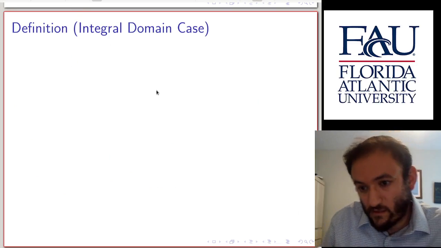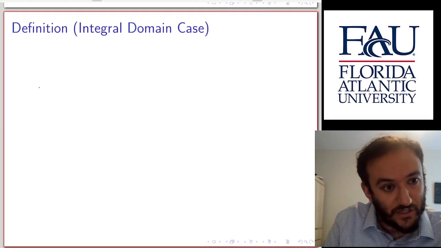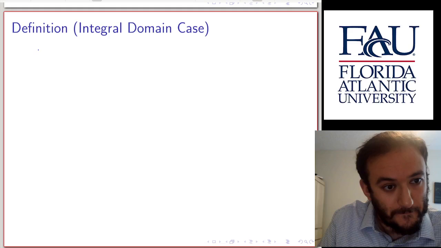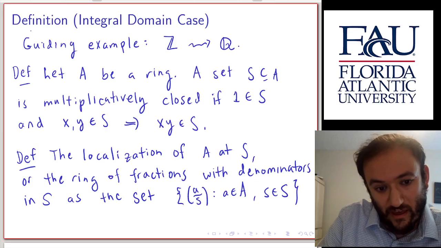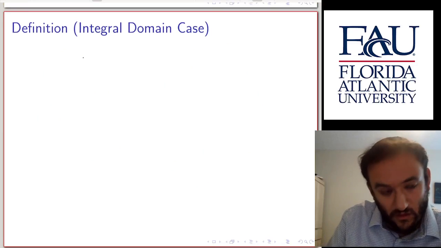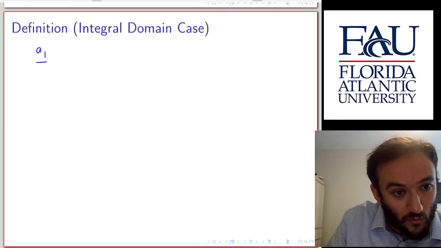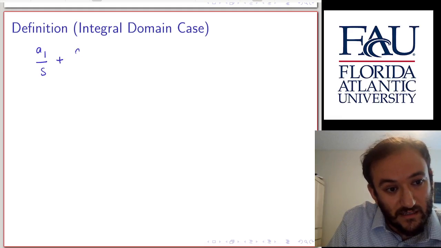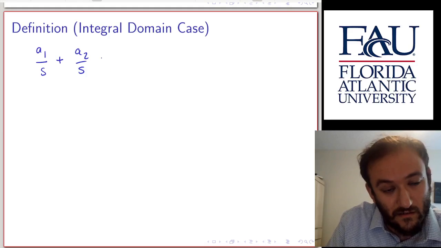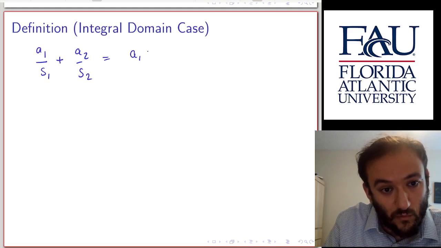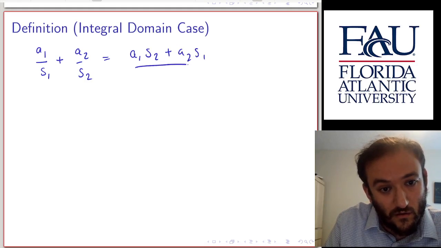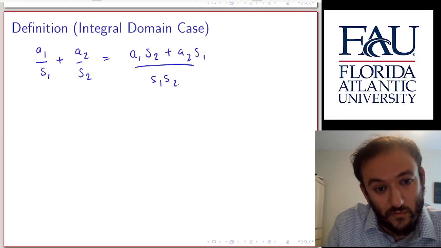Okay, and so we're saying this is a ring, so we need to have ring operations. So we have to have addition and multiplication. Well, if we take a1 over s1 plus a2 over s2, this is going to be equal to (a1 s2 plus a2 s1) over s1 s2.